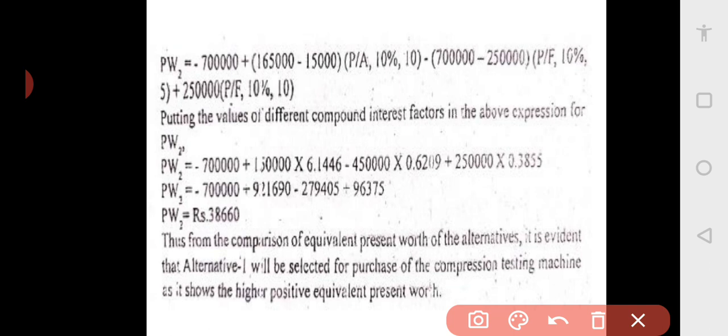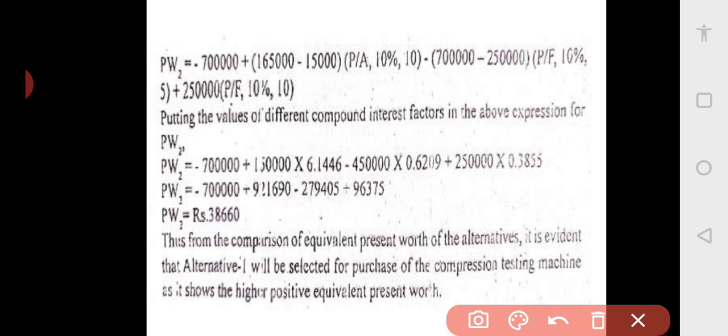That becomes minus 4,50,000, and for 5 years that factor is 0.6209. Plus the salvage value after 10 years, that is 2,50,000 again, into 0.3855.